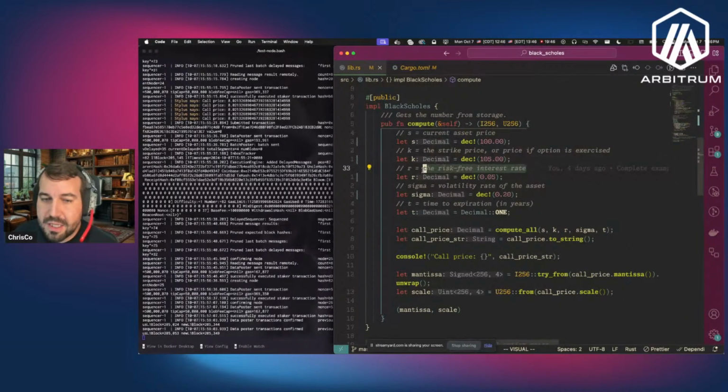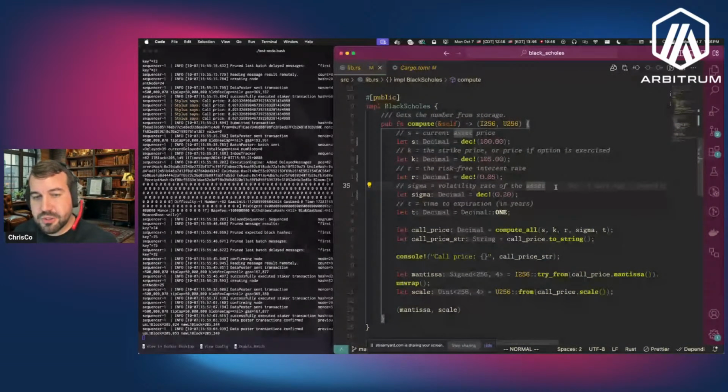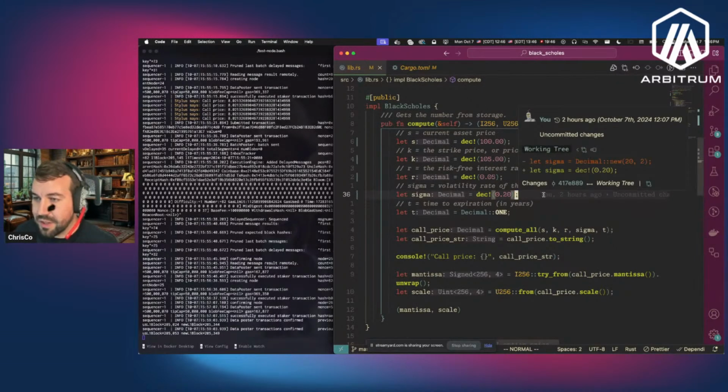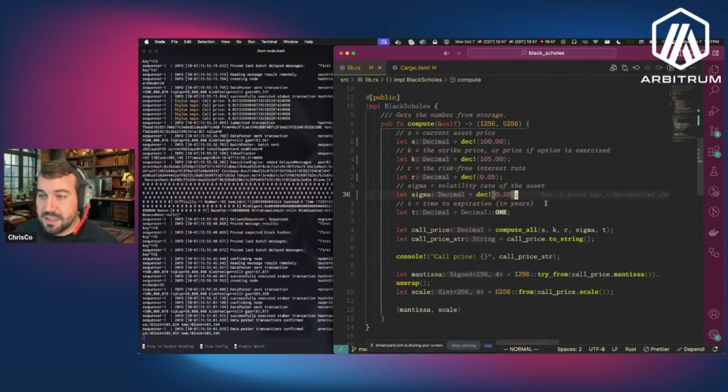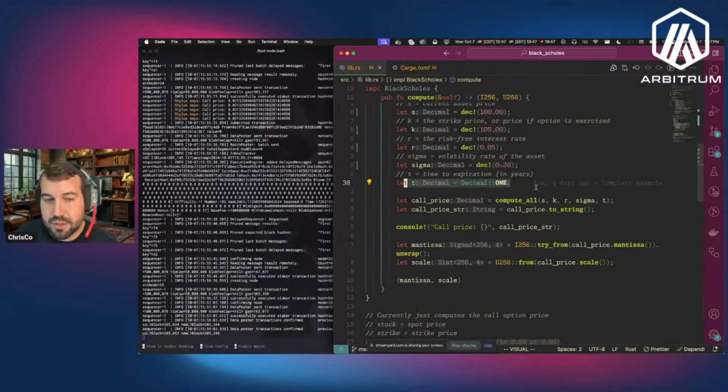We're also plugging in a risk-free interest rate of 5%, which is 0.05, and as an arbitrary volatility rate, 20%. In other words, it's likely that the price of that asset could go 20% up or down before the end of 1 year, which is the expiration period that this option covers.